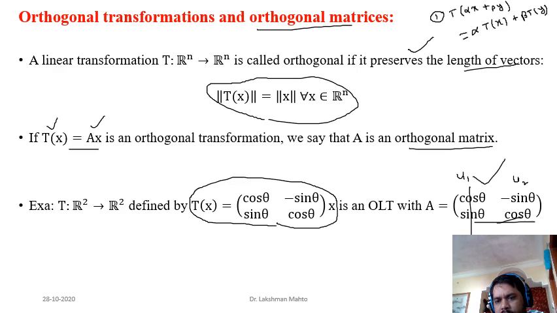You can easily find it: it is the square root of the inner product of u1 with itself. So what would that be? It is cos square theta plus sin square theta, all under the square root. And you know from high school mathematics that cos square theta plus sin square theta is 1.